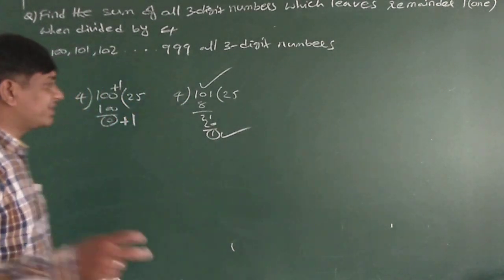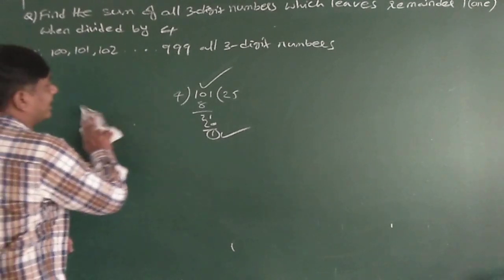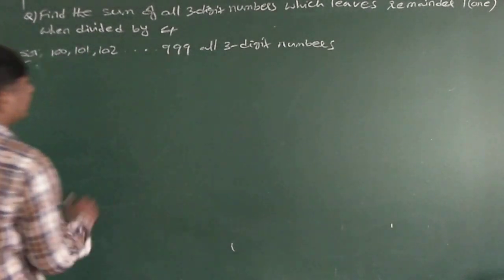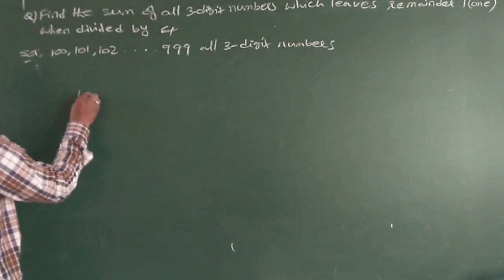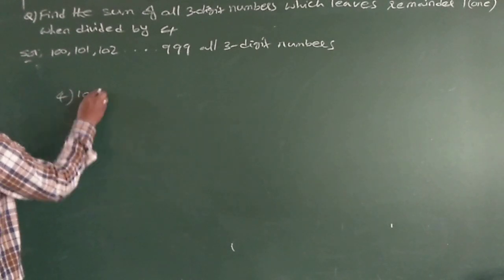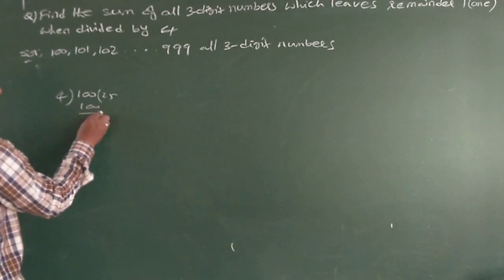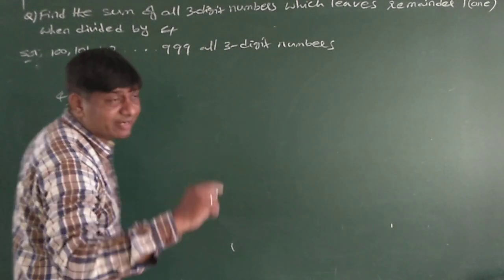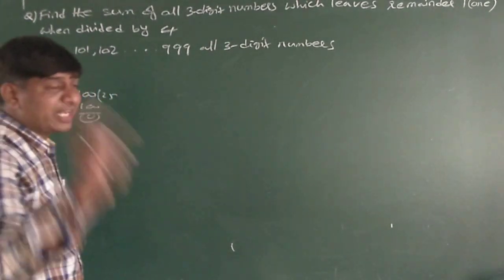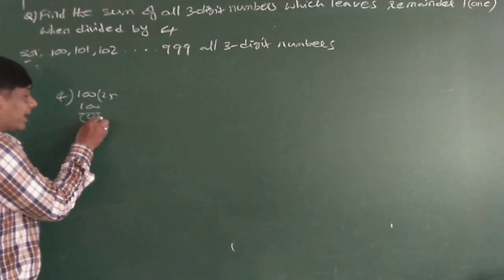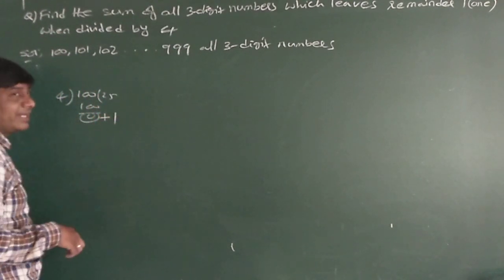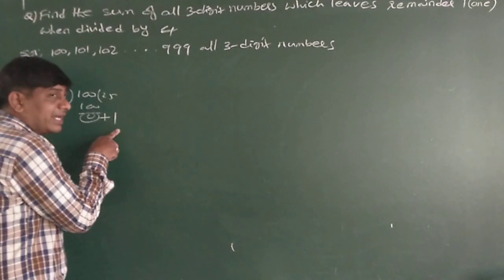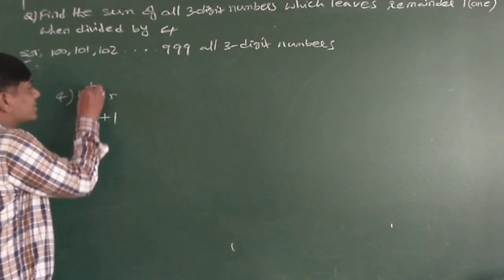To get it, I divided the first 3-digit number 100 by 4, and got remainder 0. Actually I required remainder 1, so I need to increase the remainder by 1, which means 1 must be added to the number also.